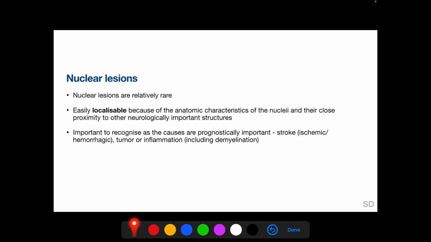So the lesion causing the nuclear disorder can involve only one subnucleus of the cranial nerve 3, or it can involve surrounding structures with their own neurological manifestations. And it is important to recognize as the causes are prognostically important and occur within the brainstem, and the causes may be stroke, tumor or inflammation.